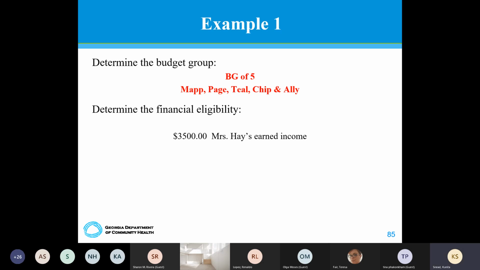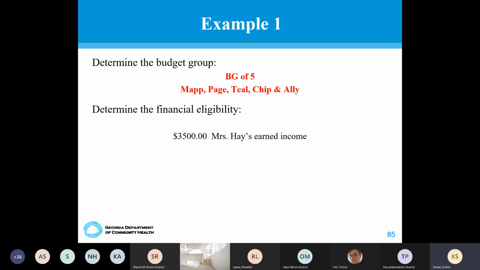But what you can do is look at the children for the next A category, which is children under 19. We have an 18-year-old, a 15-year-old, and a 12-year-old. So if you look at your income limit chart, we're going to look at the amount for 133% of the FPL because the children range between 6 through 19.